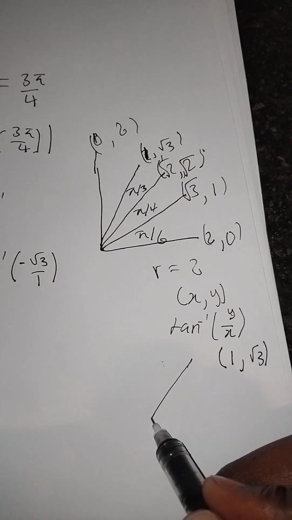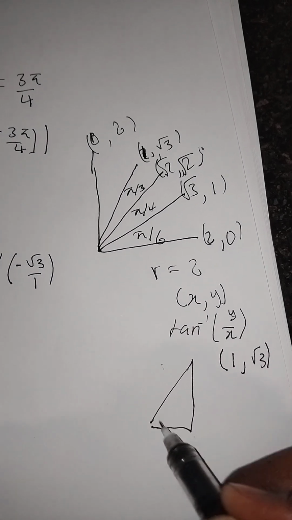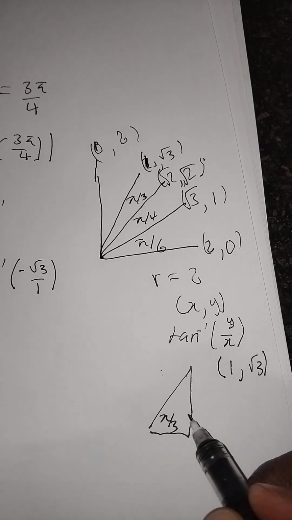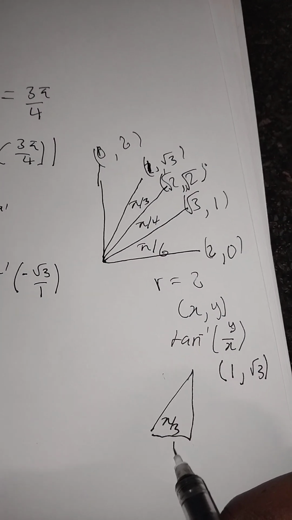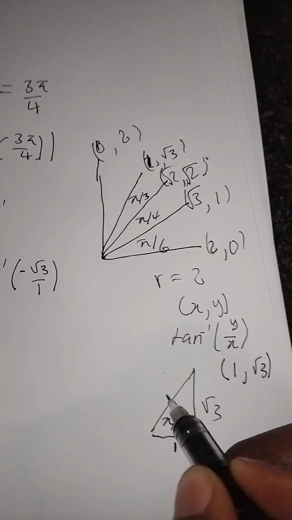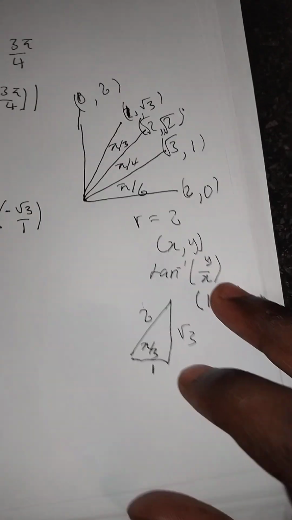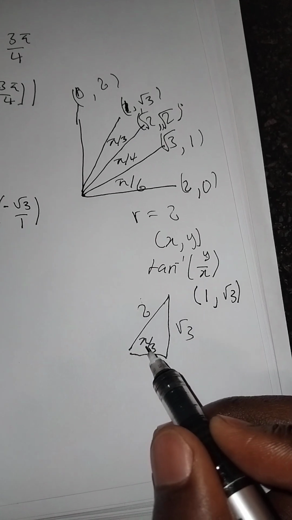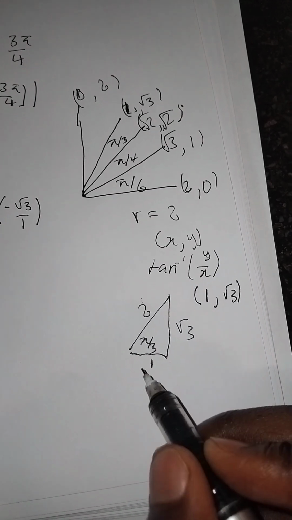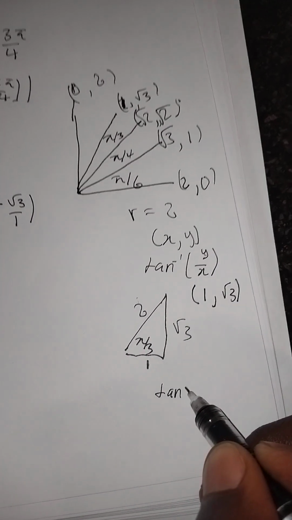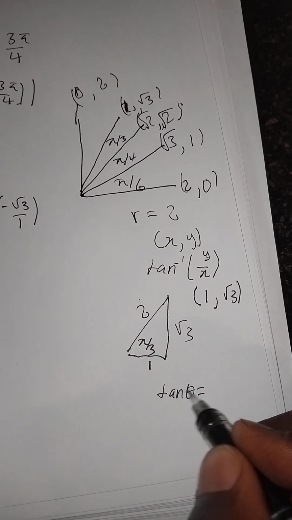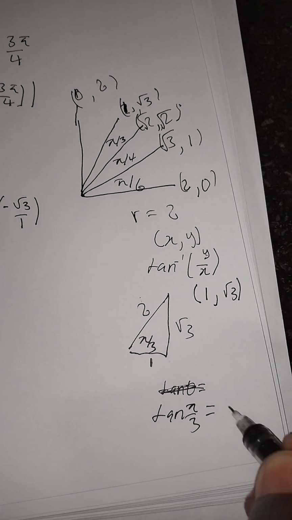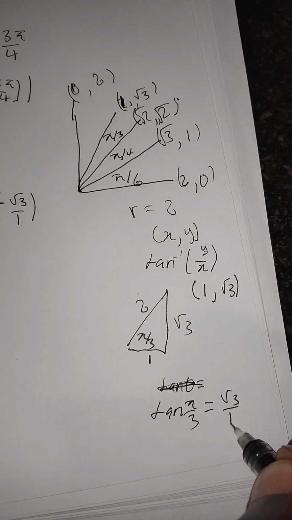If you construct the right-angle triangle, you're going to have pi over 3 there. Then you're going to have 1 here and root 3 here, and the hypotenuse is always going to be 2. So if you try to find tan of pi over 3, tan is opposite over adjacent, so tan of pi over 3 is equal to root 3 over 1.